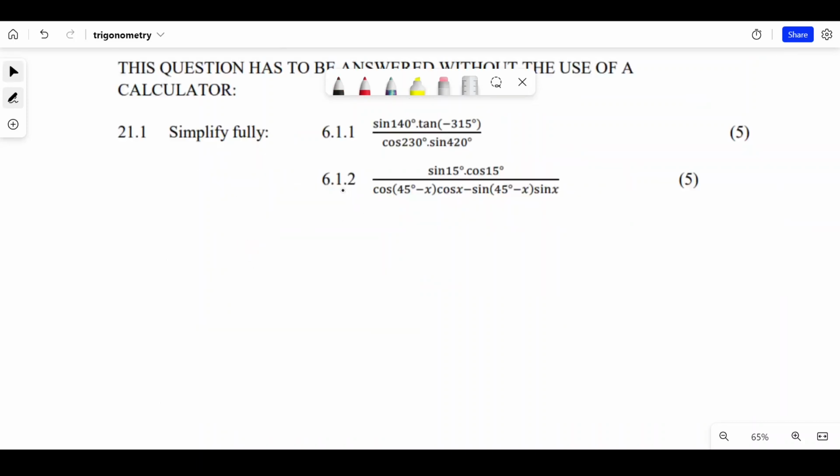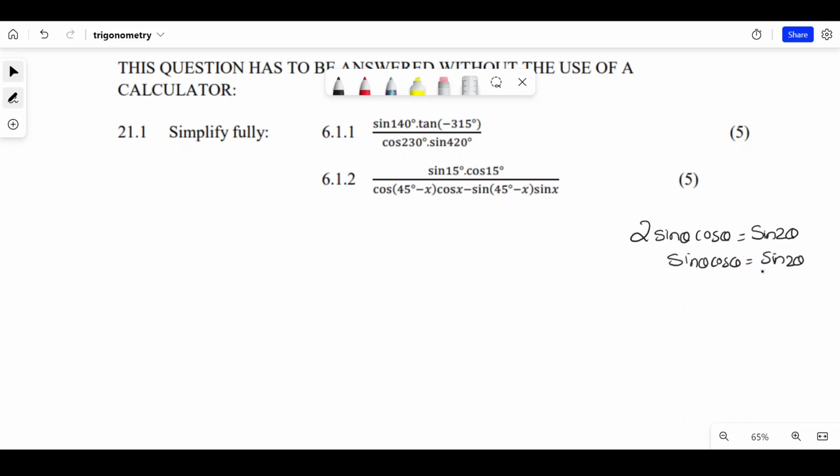Okay, now let's go to the second question. I brought it down here for us to see it well. Here you can see sine 15 cos 15 together. Now this is one thing that you need to remember. You know the formula 2 sine theta cos theta is the double angle formula for sine. But if you only see sine theta cos theta, then you must know that there is no 2, it's gone to the denominator.